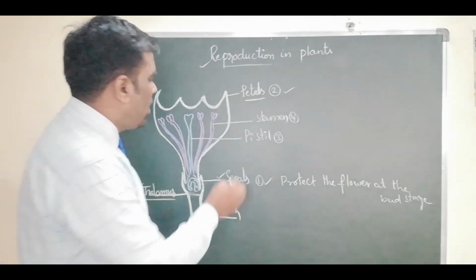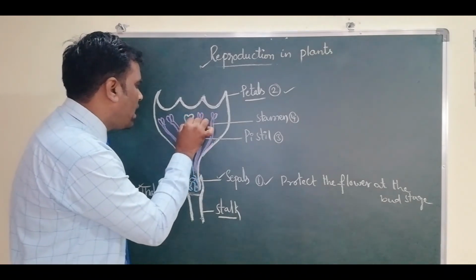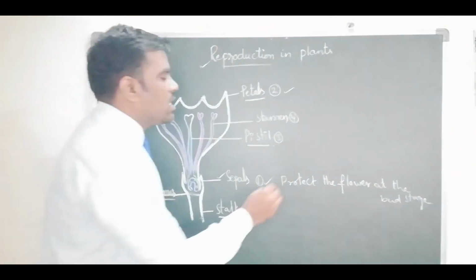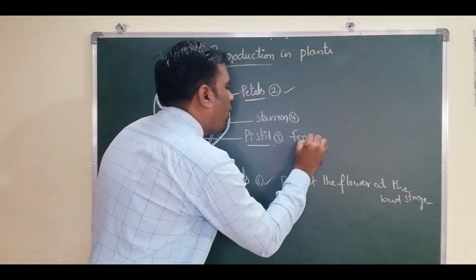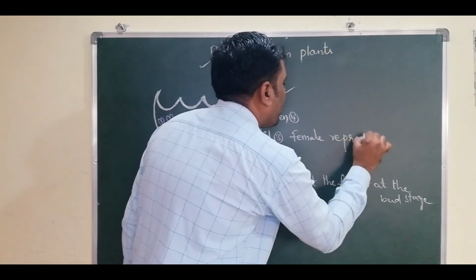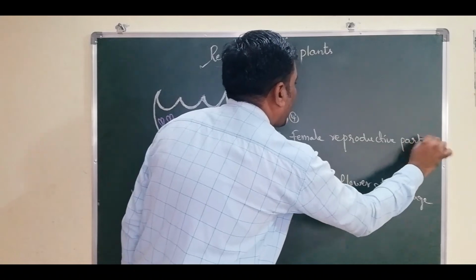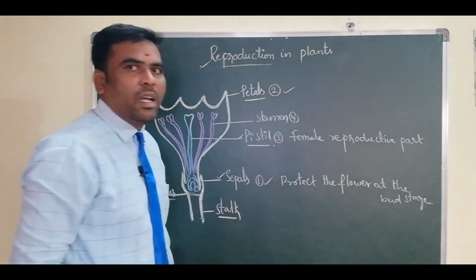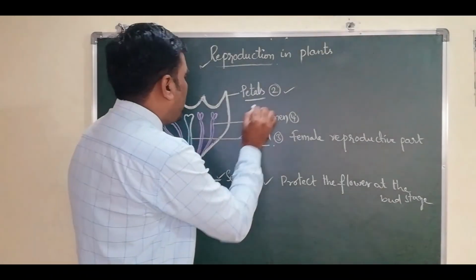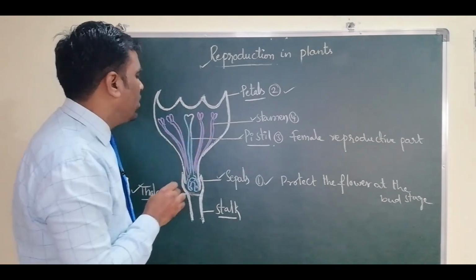Next, pistil. The blue colored part is the center of the flower. This is called pistil. The pistil is the female reproductive part of the flower. What is the female reproductive part? The pistil. Next, stamen. Here, I have drawn it with violet color.